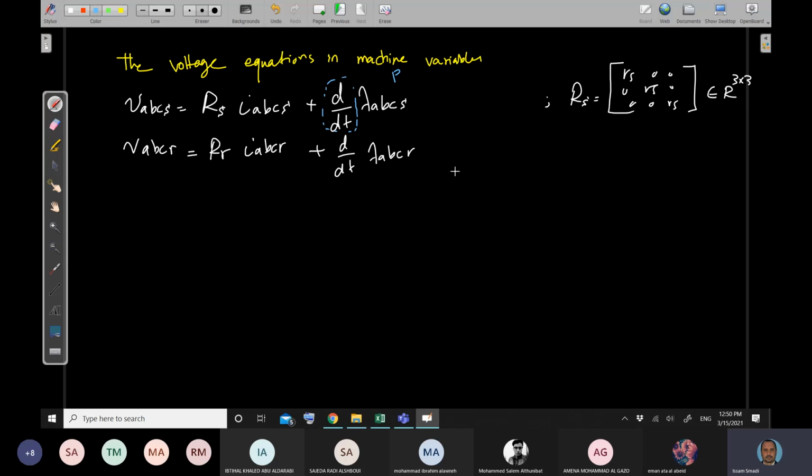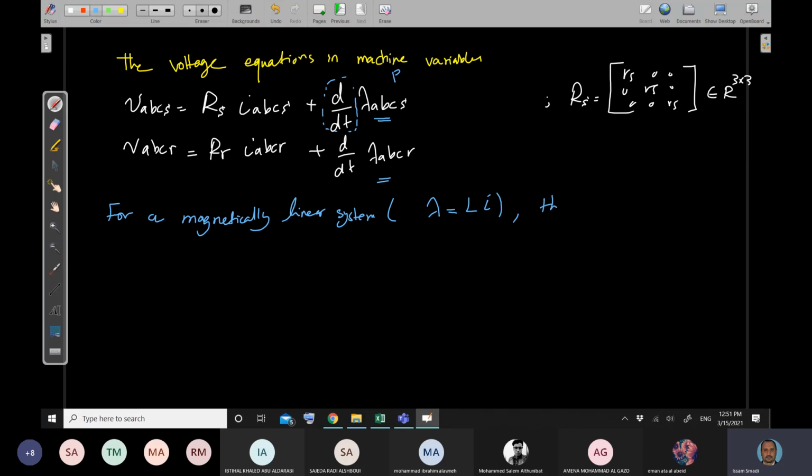Now, if I need to evaluate the voltage equation, I need to find the flux linkage. So for that, let's assume a linear magnetic circuit, which means that lambda can be represented by L multiplied by the current.